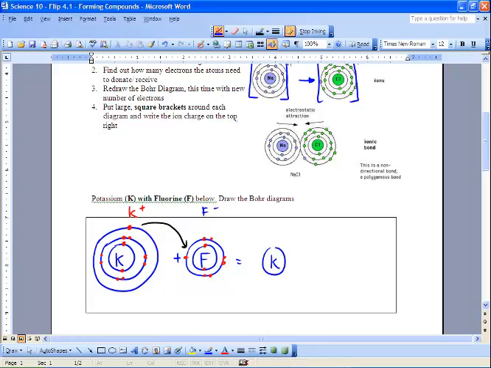We have our K, and now we're going to only have 2 shells, and they're both going to be full. And it's going to have a set of brackets around it, and because now it has 1 more proton than electron, it's got a positive charge.